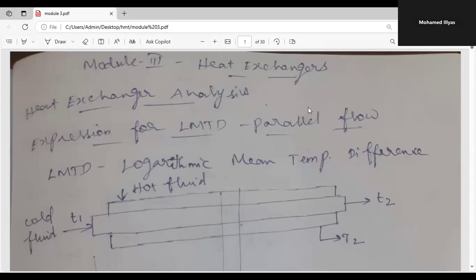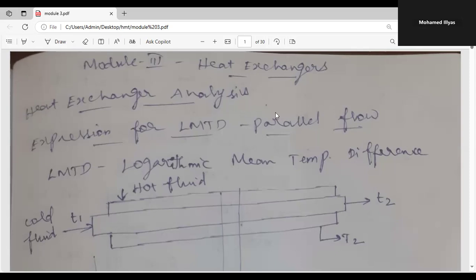One is the logarithmic mean temperature difference, simply called the LMTD method. Another one is the NTU method, number of transfer units. The number of transfer units method we are going to see later.